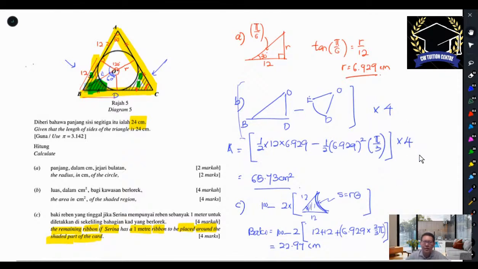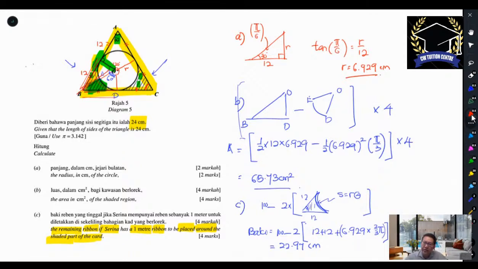Let's move on. Before that, why I chose this question: again, it involves the equilateral triangle, and you need to know an equilateral triangle is 60, 60, and the tangent and the radius make a 90 degree angle.